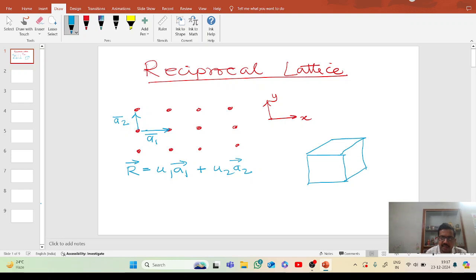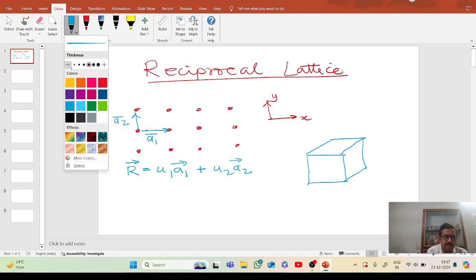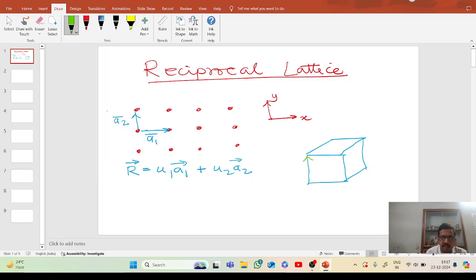Suppose this is a cubic lattice, then this will be A2, this will be A1, and this particular direction will be my A3. And for an orthogonal case, these are all perpendiculars.